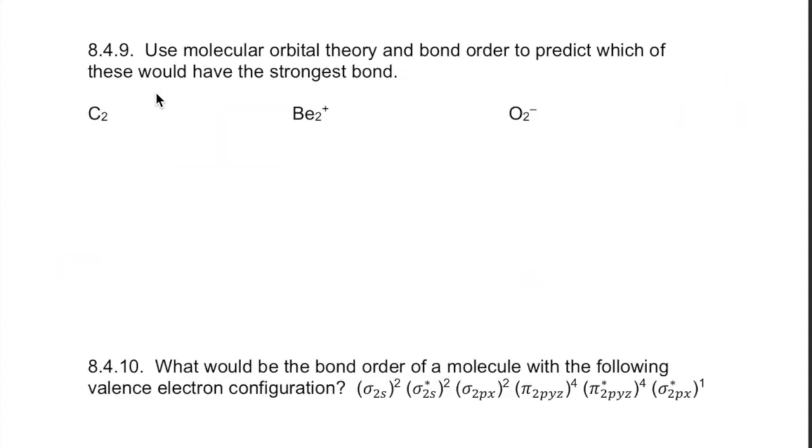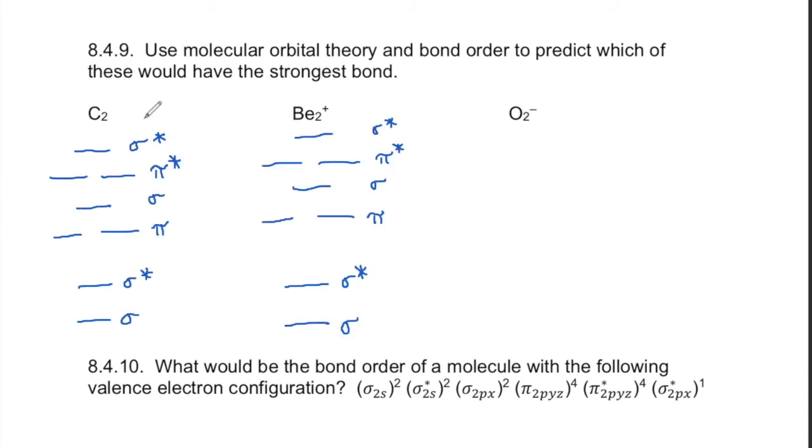So let's go ahead and draw molecular orbital diagrams for a carbon diatomic molecule, a beryllium diatomic cation, and an oxygen diatomic anion with just a -1 charge. I'm going to do the same thing I did on the previous page and only draw the molecular orbitals, not the atomic ones, so we don't have to use as much room.